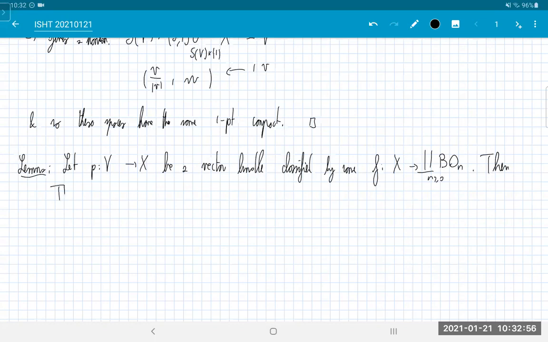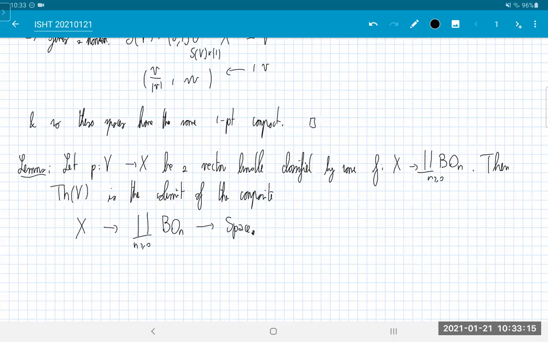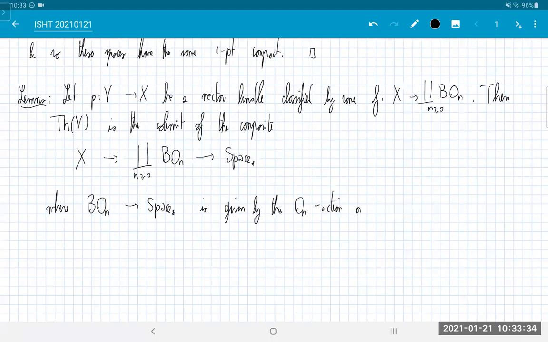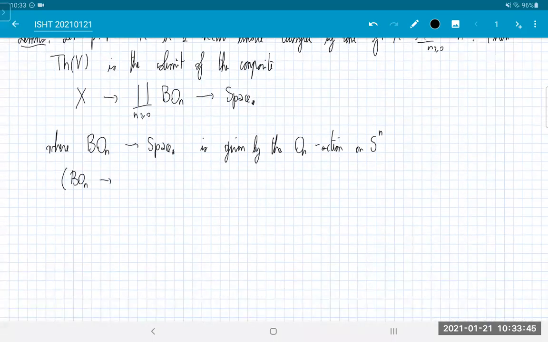Then the Thom space of V is the colimit of the composite X goes to disjoint union BON goes to spaces pointed, where BON into spaces pointed is given by the ON action on Sn, seen as the one-point compactification of R to the n.